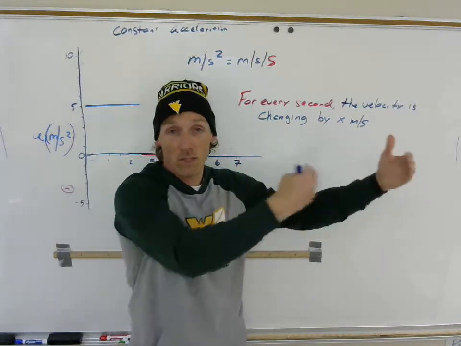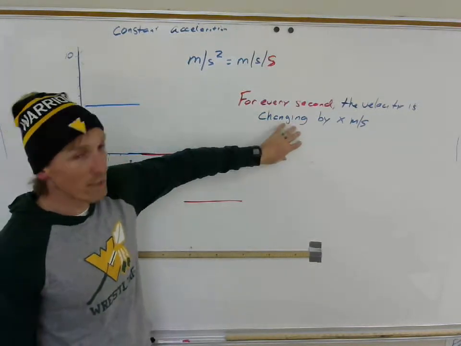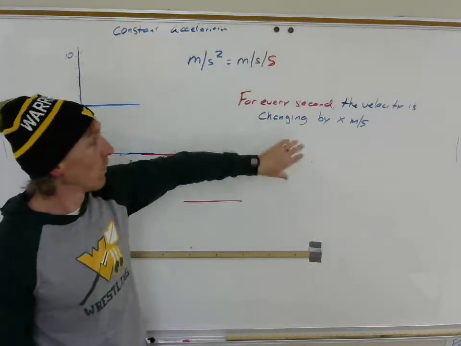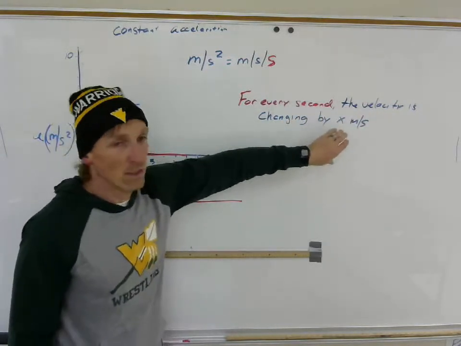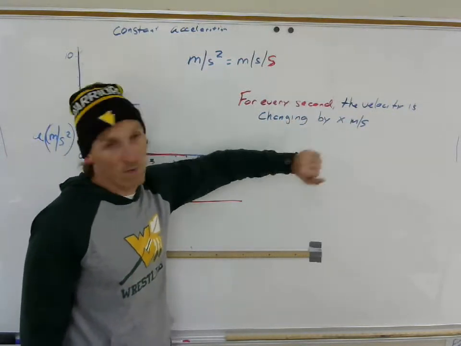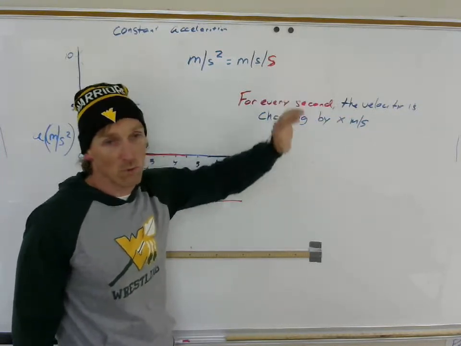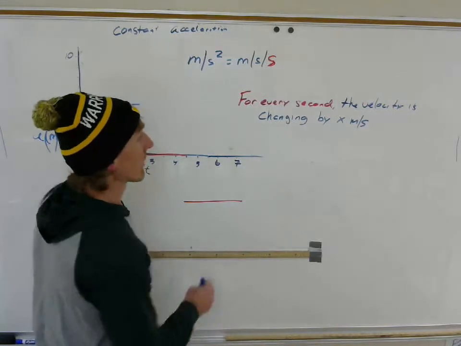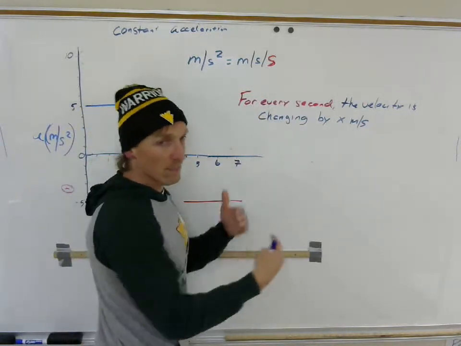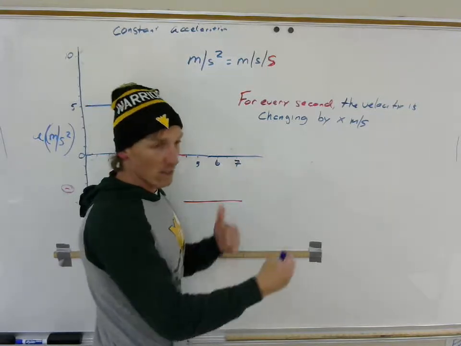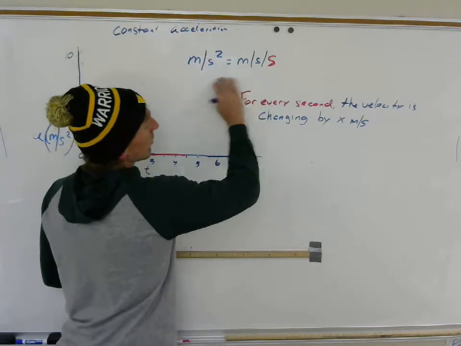Opposite signs slows down. So it depends. So that's why we can't really say it's speeding up or slowing down if it's a positive or negative number. We can simply say the velocity is changing by 5 meters per second, negative 5 meters per second, negative 2 meters per second, positive 100 meters per second, whatever it is. For every second that passes, that velocity is changing by this amount. That's what acceleration means. That's what these units mean.